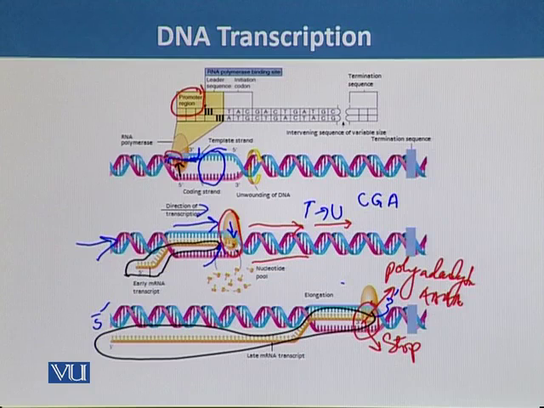So the process will continue until the stop signal, that is the polyadenylation signal, arrives and the RNA is synthesized. This process will be continued for all of the RNAs, including mRNAs and other types of non-coding RNAs.